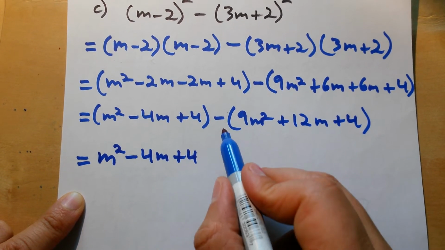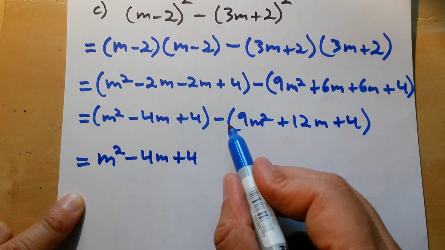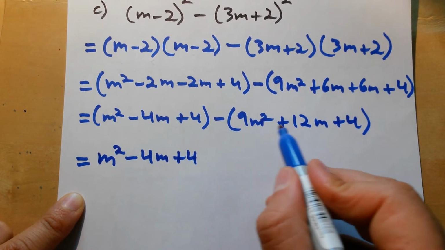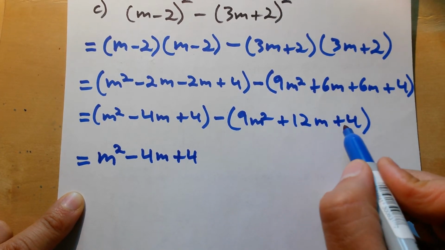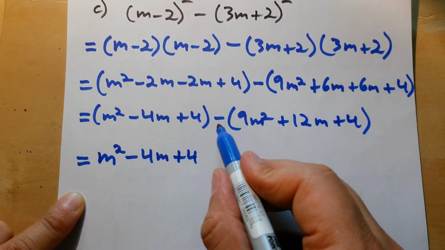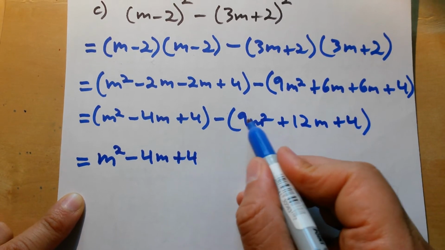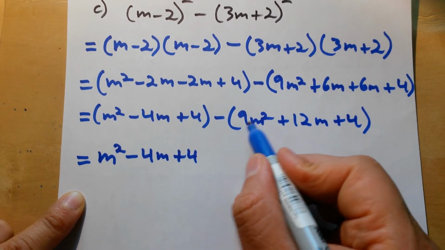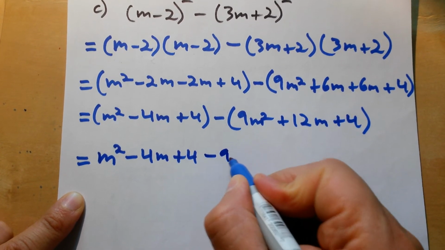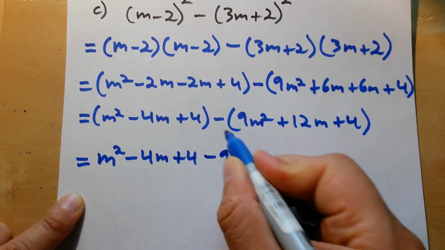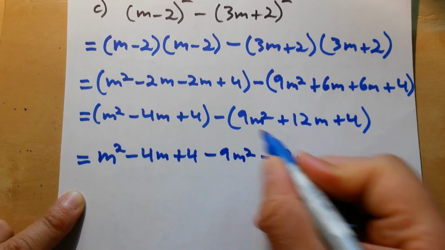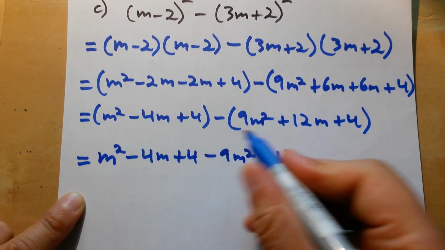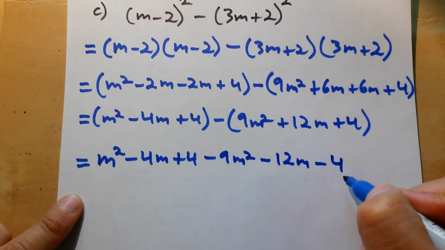One quick way would be to simply switch the signs of each of these terms, so we end up with minus 9m squared, minus 12m, minus 4, right? But essentially what we're doing is minus 1 times each of these terms. So minus 1 times 9m squared gives us minus 9m squared. Negative times positive, negative 12m. Negative times positive, negative 4.